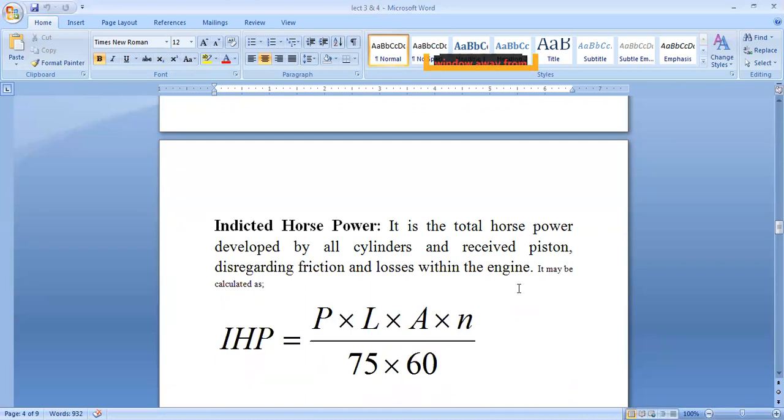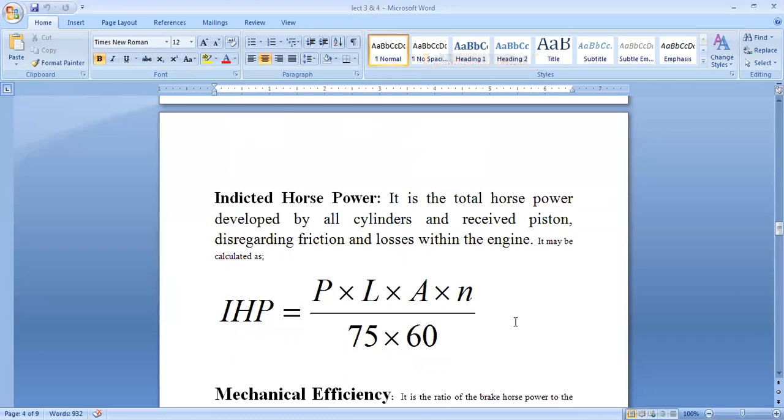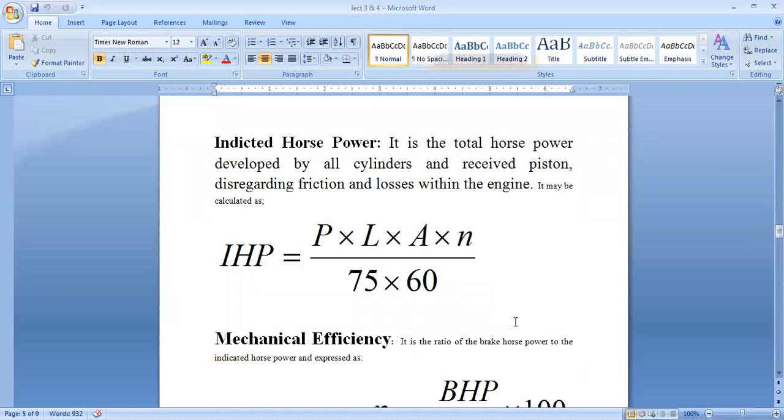Indicated horsepower is equal to P into L into A into N divided by 75 and 60, where P is the mean effective pressure.